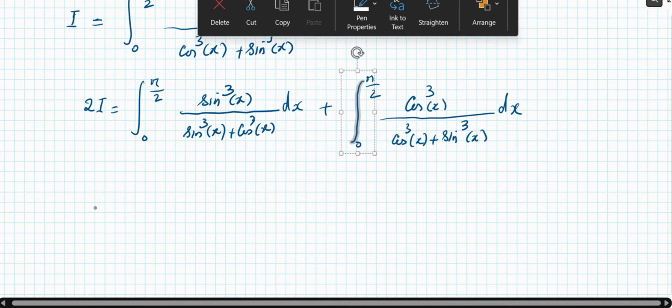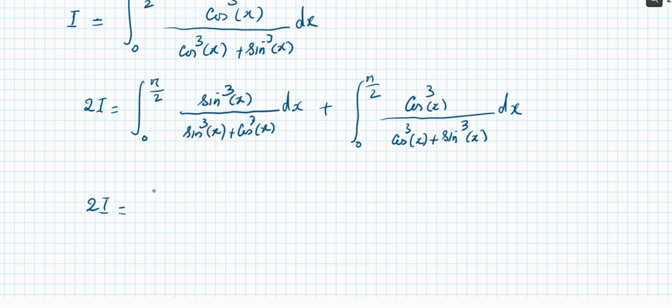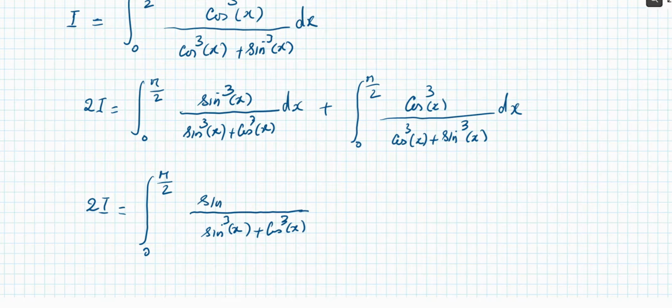And this would be equal to, we add those two terms to each other, the denominator is the same. And if I add the numerator, I get 1 for this ratio.